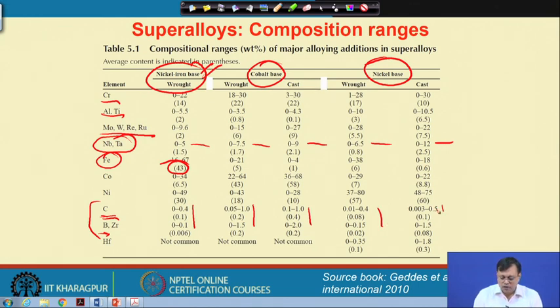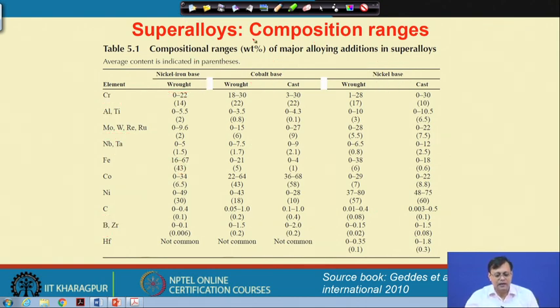Okay. So, in general the composition ranges have been preferred for some specific alloy additions and the stabilization of some phases. So, this is all about the superalloys.